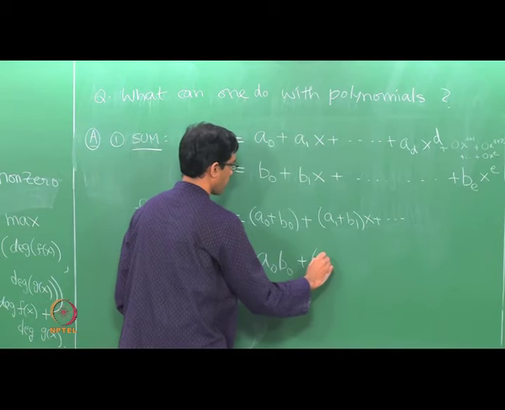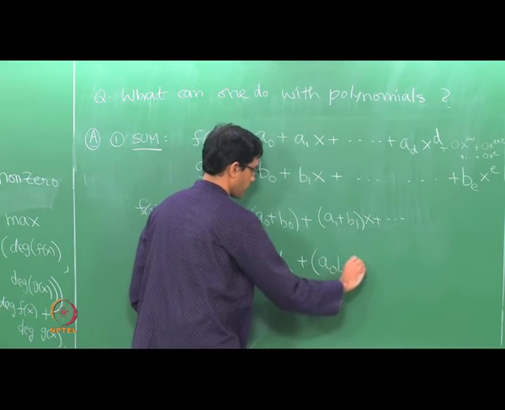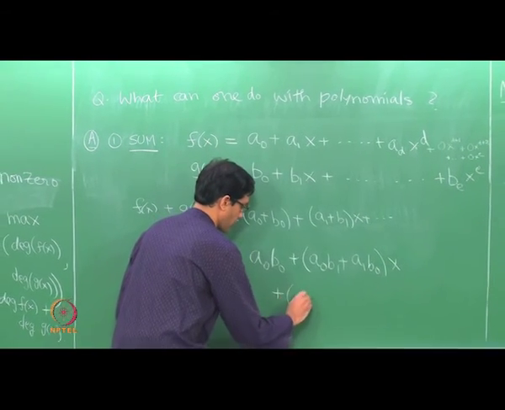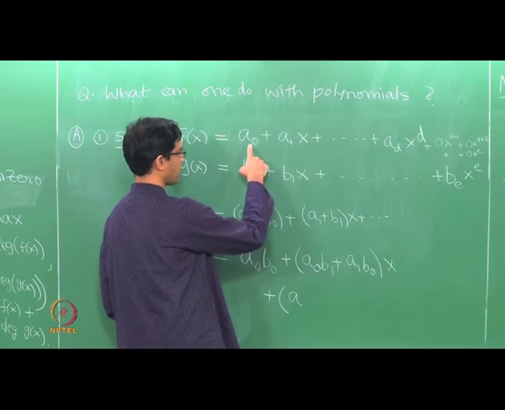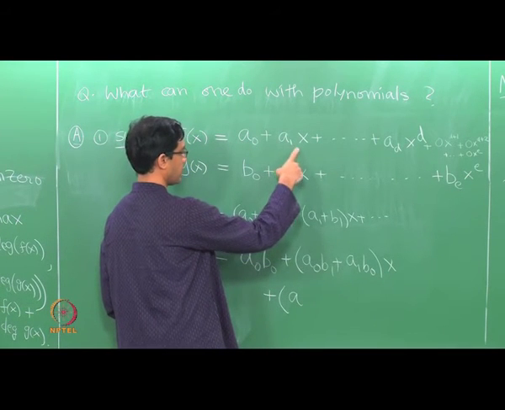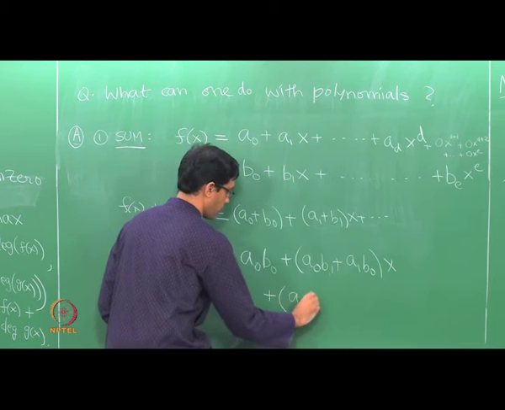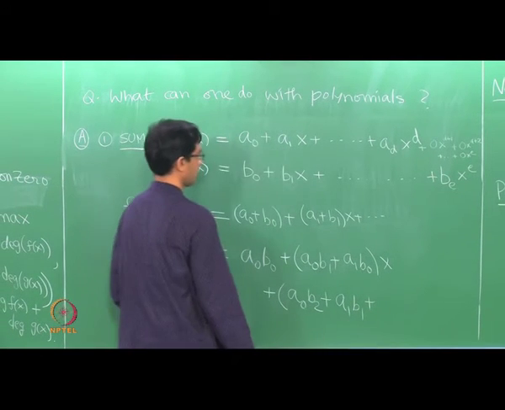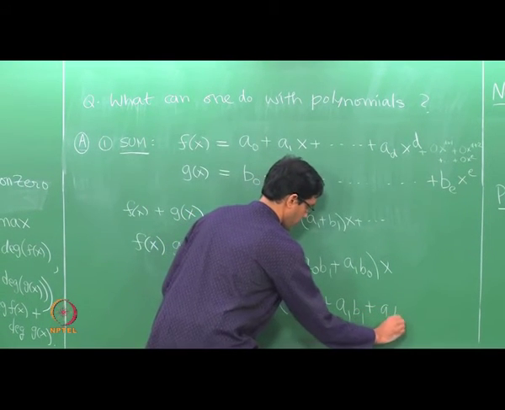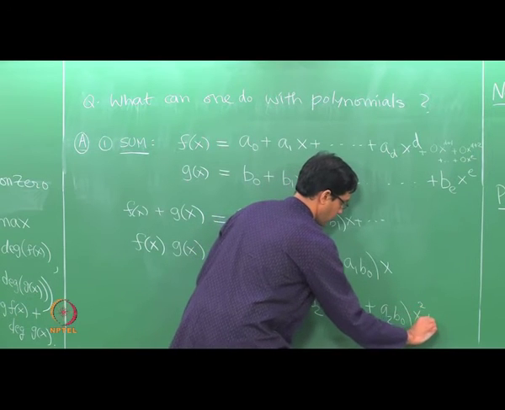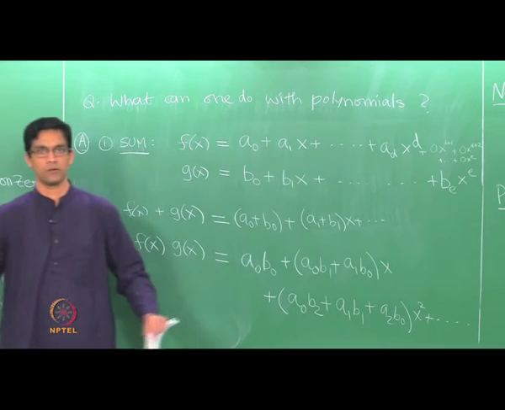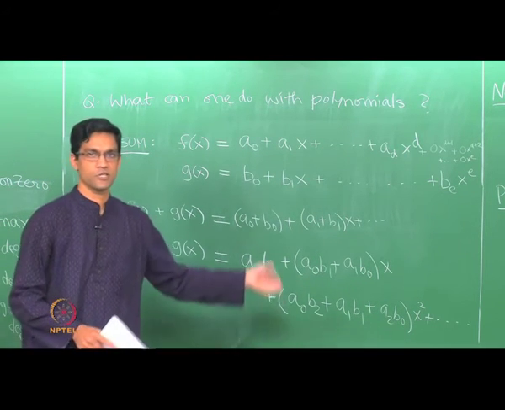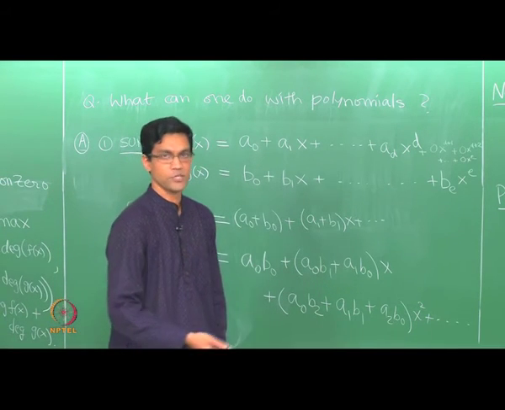So this is plus a0 b1 plus a1 b0 times x, and then to get a coefficient of x square you will have a0 b2 x square, a1 b1 will give you an x square and a2 b0 also gives you an x square, and you keep going, you multiply the whole thing out completely and whatever you get is called the product of the polynomials. These are both just the obvious operations on polynomials.